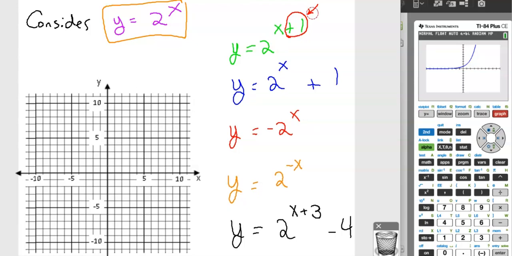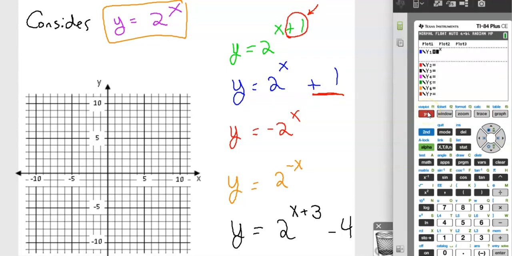We talked about it in an earlier lesson, and then notice the +1 is over on the outside. So I want you to notice each one of those. So let's look at 2 to the x, and then just look at the 2, I'm going to raise that. Notice where the +1 is, it's in the exponent.